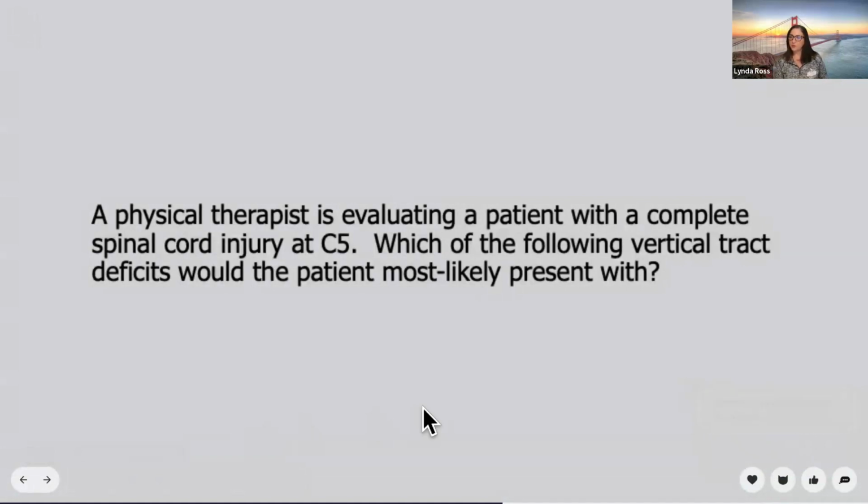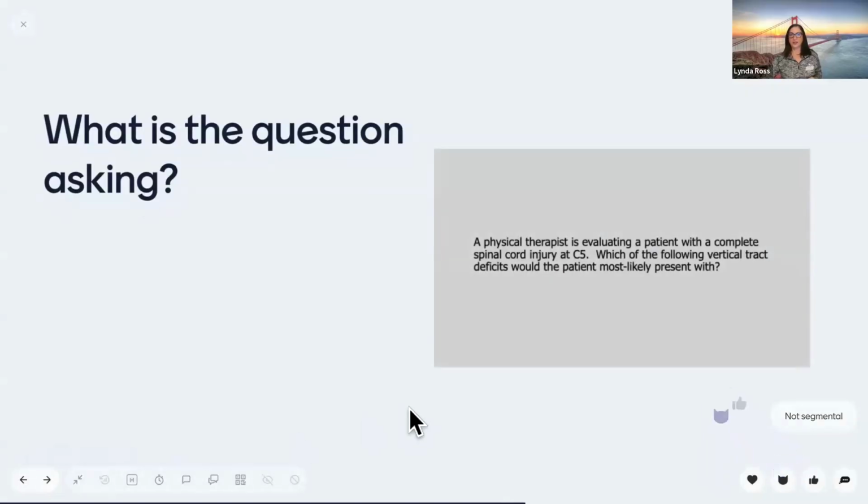It's asking us which muscle is shortened. That's right. Same thing as a contracture, right? Excellent. Okay, so this is our next question. All right, read through the whole question. Not segmental. Yes. Okay, so what is this question asking? Comments, please.